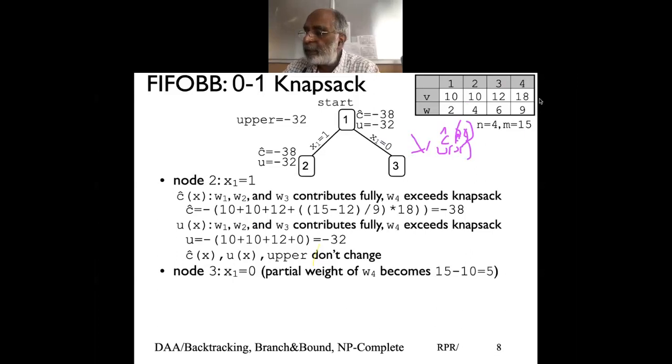See, we are saying x1 is 0. Anybody else? Any other answers? When I exclude x1, what would my C hat X be, and what would my UX be? 30 minus 32, that's right.